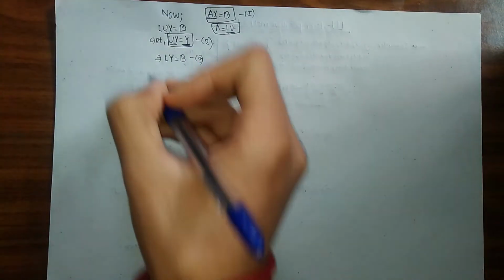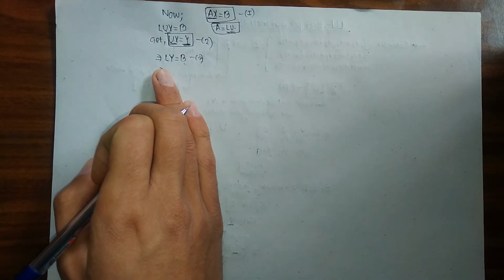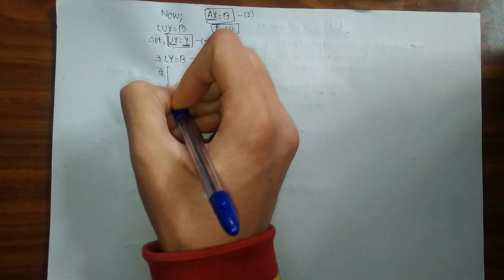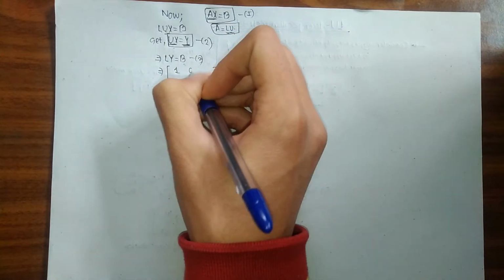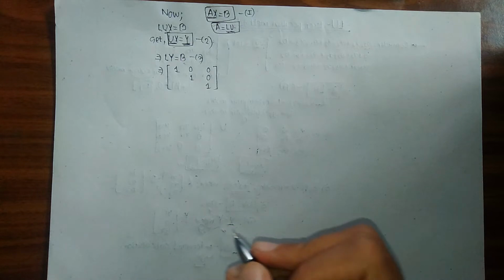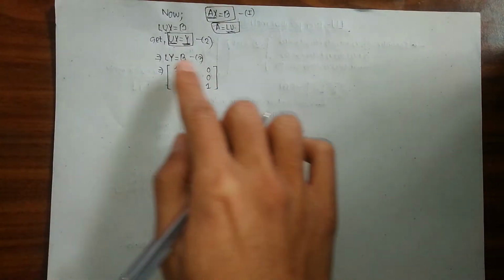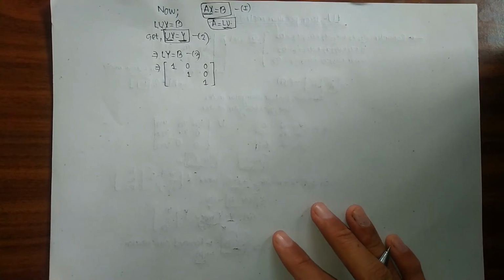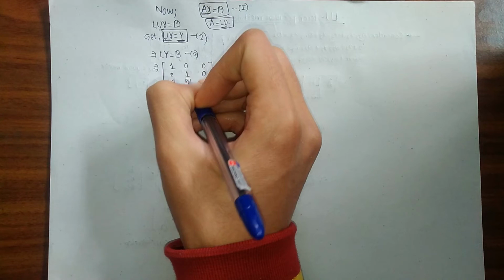Ly equals b. Now I'm going to write my lower triangular matrix which I calculated before. So I have already found my L, which is this one: 1 0 0, 2 1 0, 3 5/4 1.